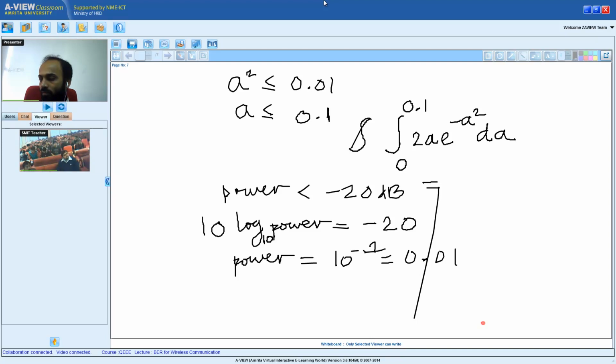9.95 into 10 to the power minus 3. That is fine, but what is the integral of 2a e to the power of minus a square? PSG College of Technology, what is the integral of 2a e to the power of minus a square?